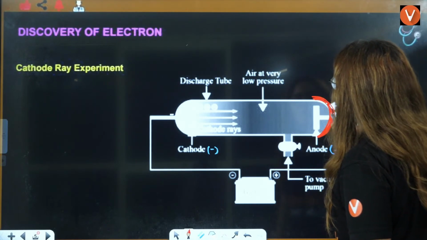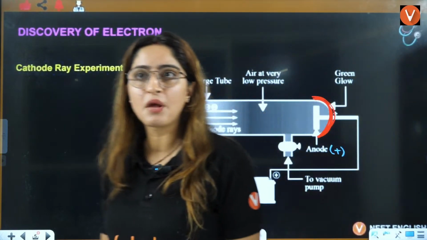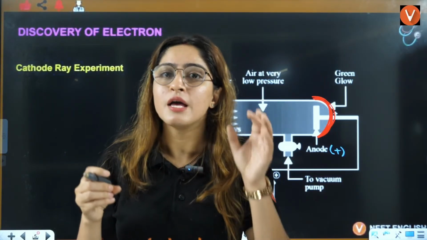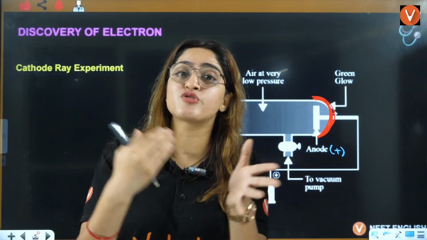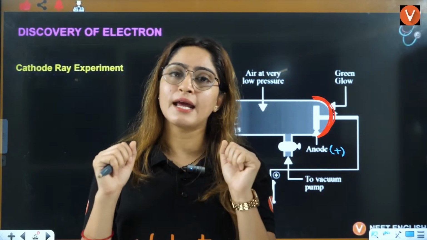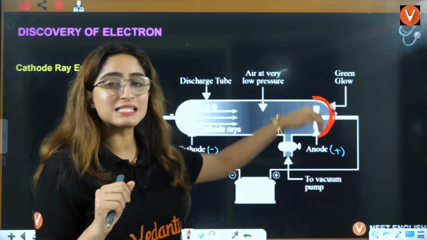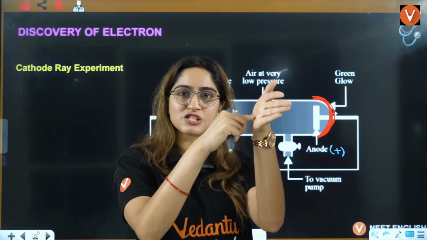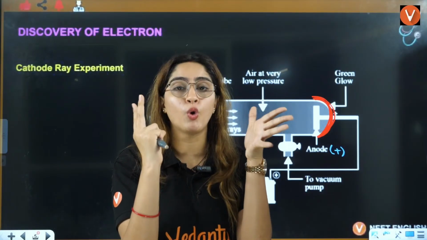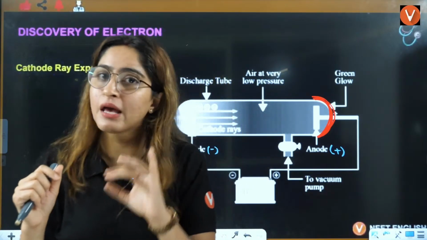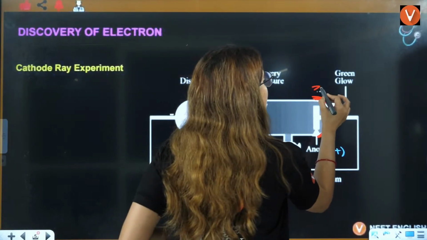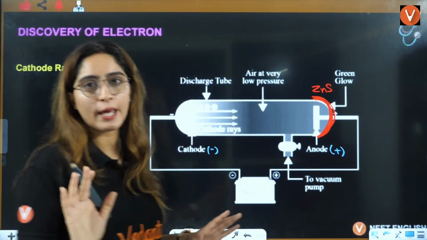Now you will ask, ma'am, what is this fluorescent screen? See, fluorescence is a phenomenon in which when any particle strikes on it, it glows. Similarly, a fluorescent screen is a screen on which if any particle strikes, it will blink, it will glow. Here we use a fluorescent screen of zinc sulfide.